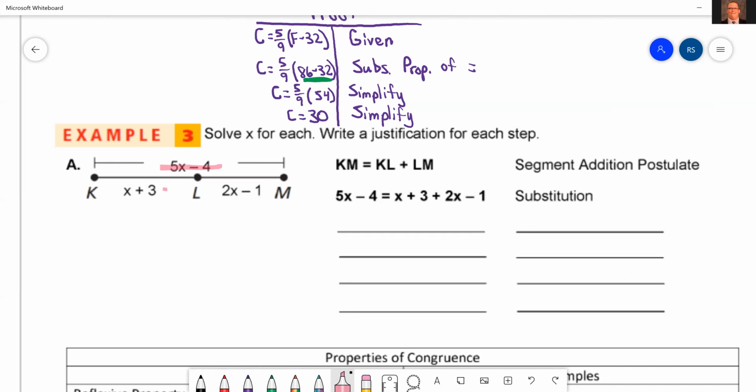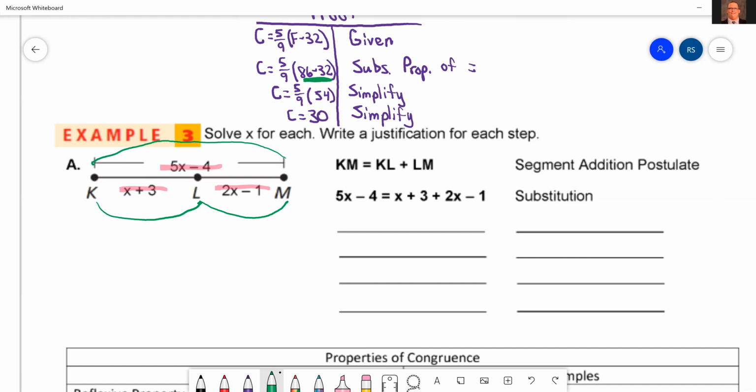Same thing with this x plus 3 and 2x minus 1. X plus 3 means that's how far it is from K to L. And then 2x minus 1 is how far it is from L to M. So that covers that whole thing.